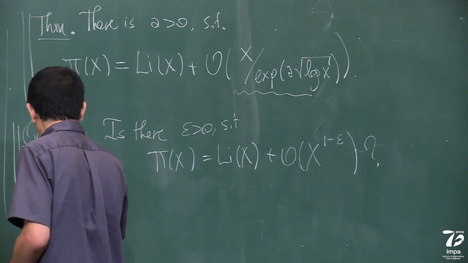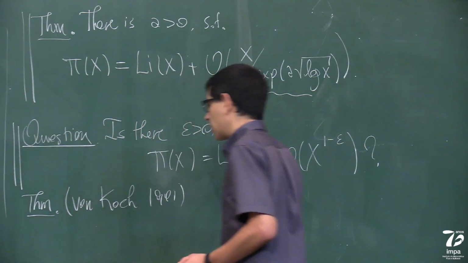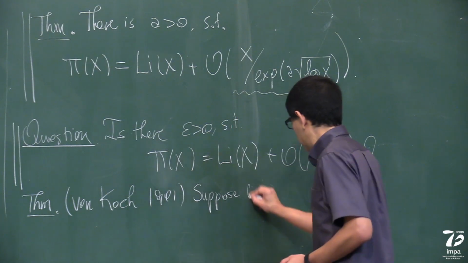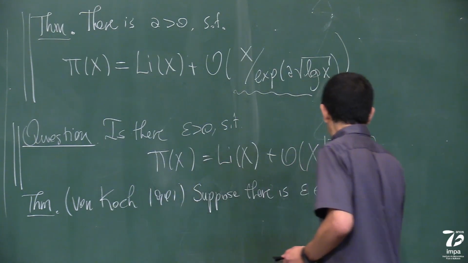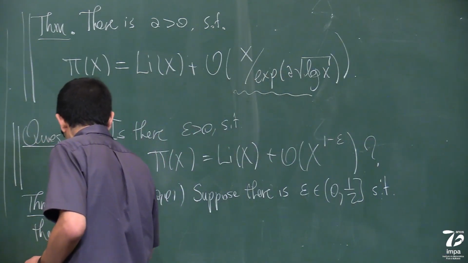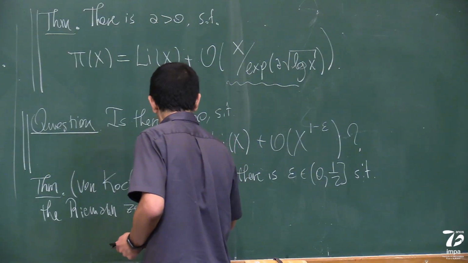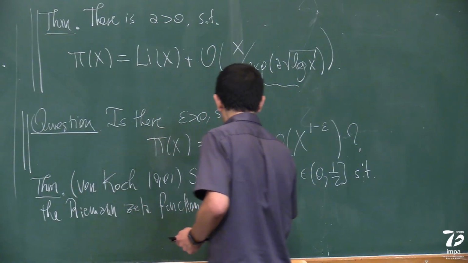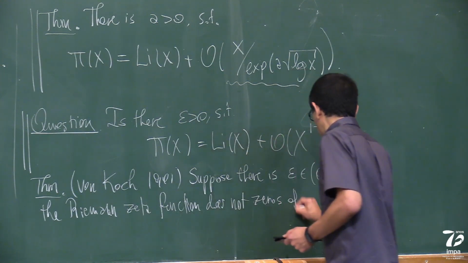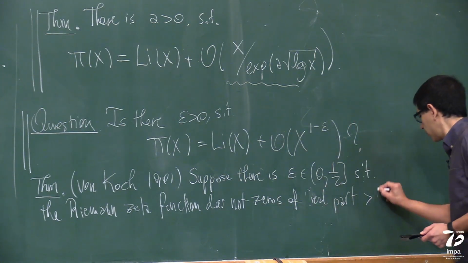In particular, there is this theorem by von Koch, 1901, that says basically, suppose there is some epsilon between 0 and 1/2, so that the Riemann zeta function does not have zeros of real part bigger than 1 minus epsilon.